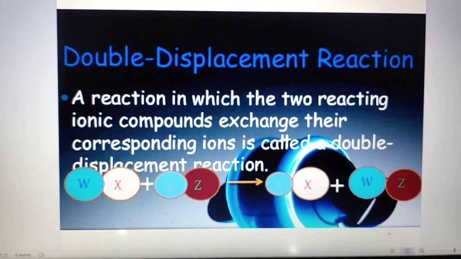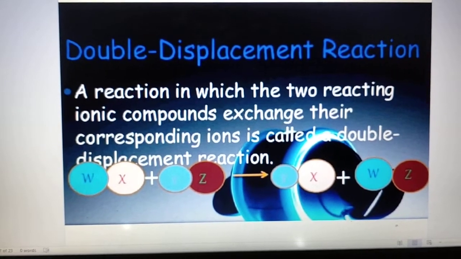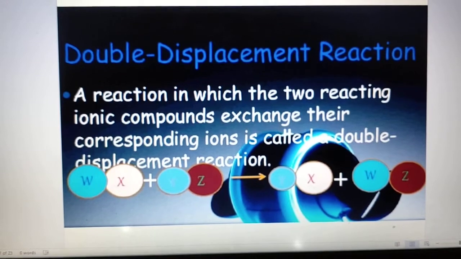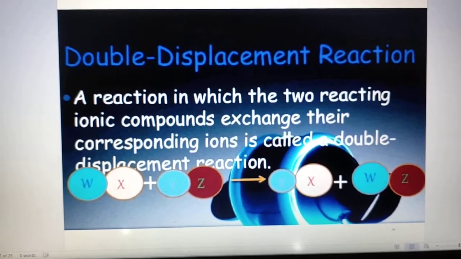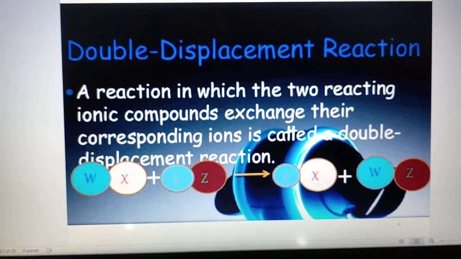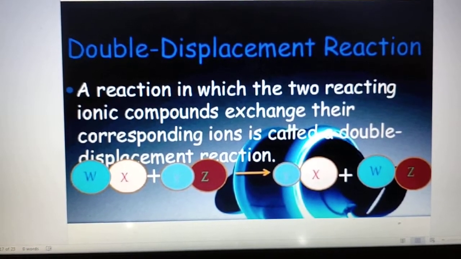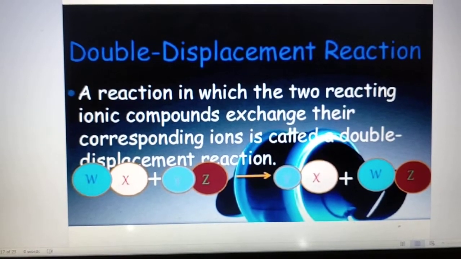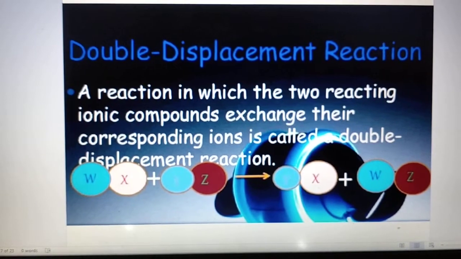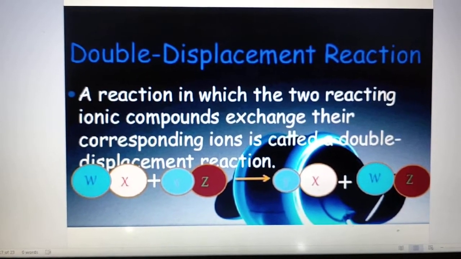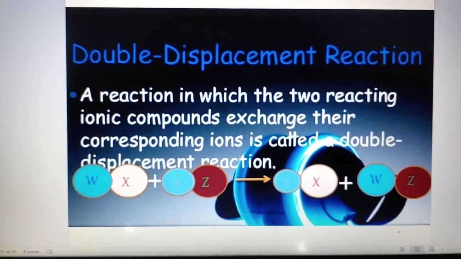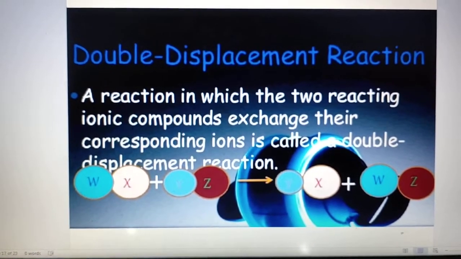The fourth type of chemical reaction is double displacement reaction. A reaction in which two reacting ionic compounds exchange their corresponding ions is called a double displacement reaction. It is a reaction between two compounds in which they mutually exchange their ions. WX plus YZ gives YX plus WZ.